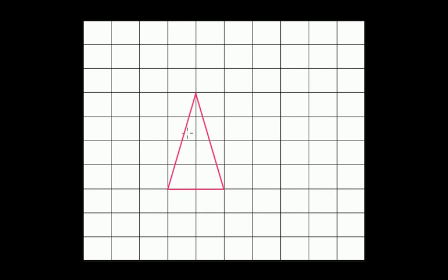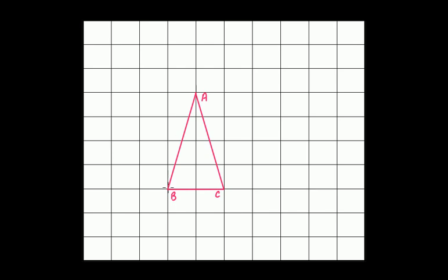So we have this isosceles triangle here, and these are vertices A, B, and C. Now, in this isosceles triangle, edge AB is equal to edge AC, and that is the definition of an isosceles triangle: a triangle in which two of the edges or sides are equal. Since two of the sides are equal, these two internal angles, that is the angles made by the two equal edges on the third edge, will also be equal.